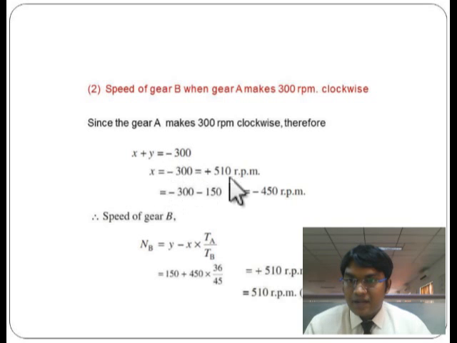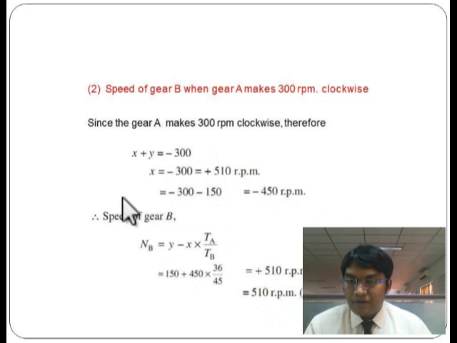So x plus y is minus 300. Y we already know is 150. So x is going to be minus 300 minus y, and y is 150, which gives minus 450 rpm.